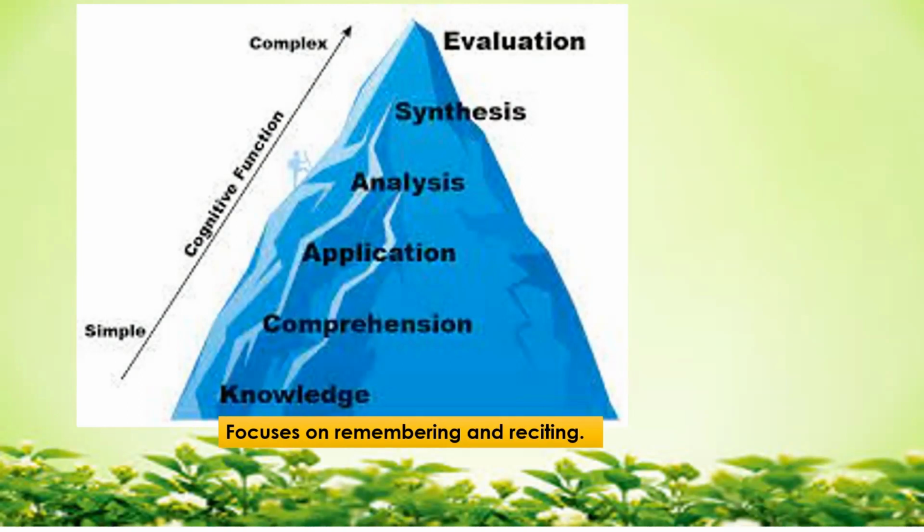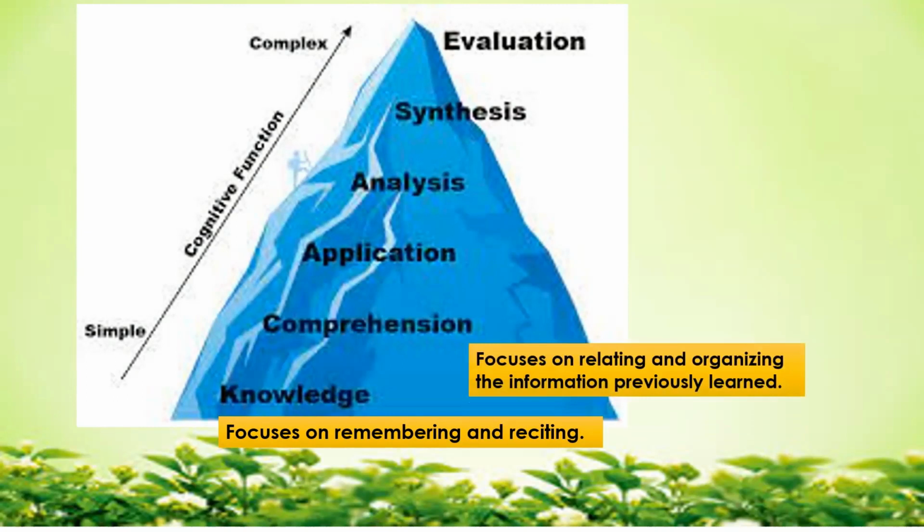Okay, the next level is comprehension. It focuses on relating and organizing the information previously learned. So here, the pupils will summarize, restate, paraphrase, illustrate, match, explain, defend, relate, review, generalize, and tell.